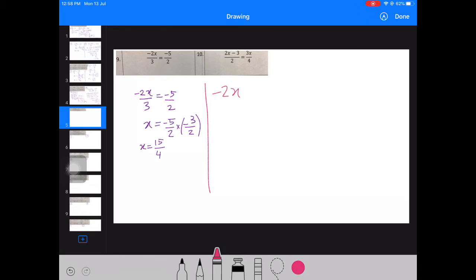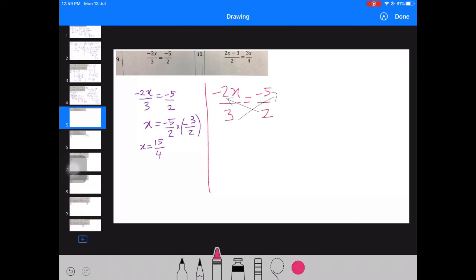Negative 2x over 3 equals to negative 5 over 2. If you do cross multiplication, this 2 you multiply on the left side, and 3 you multiply to the right side.